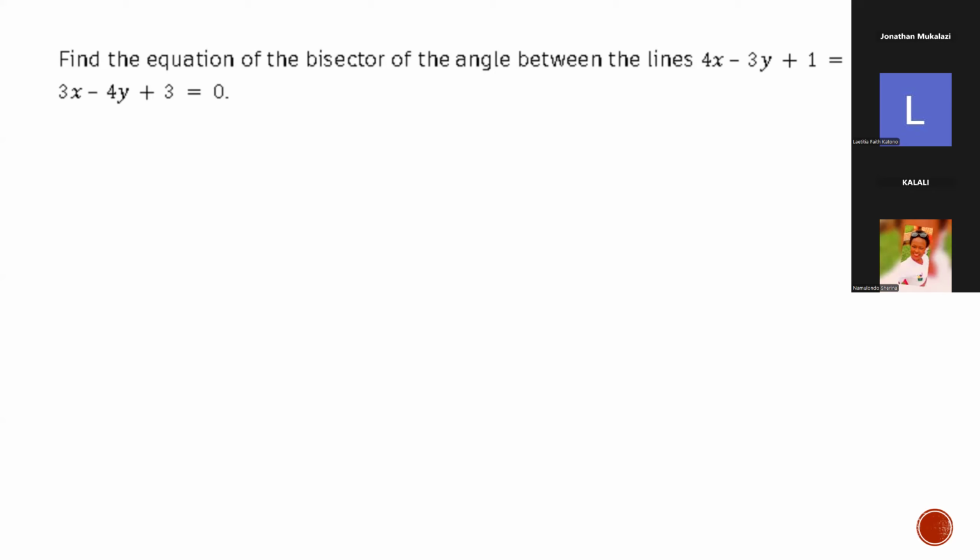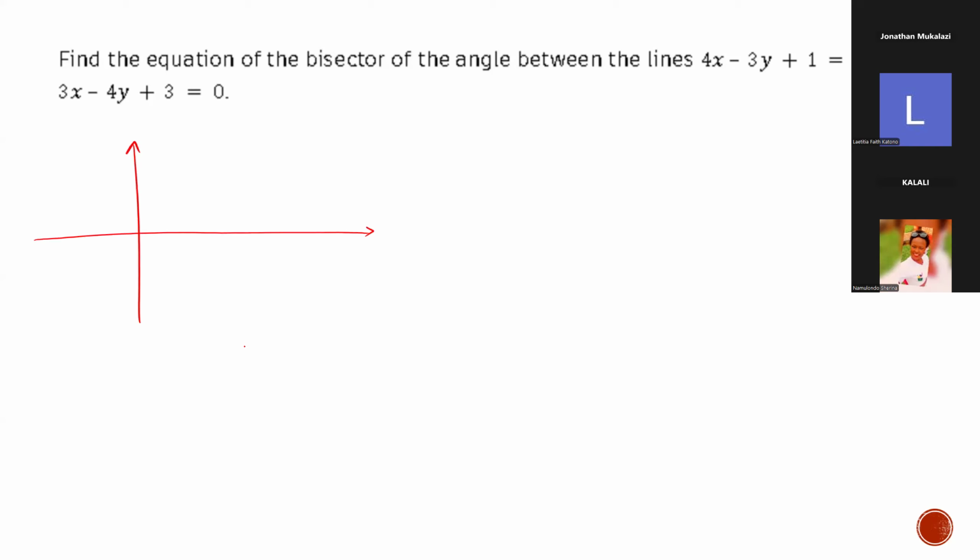And we've been asked to find the equation of the angle bisector of these two lines. Now, there are various ways to do any math question, right? But we always want to look for a way that doesn't make you work too hard. So you could sketch the lines so that you have an idea of what we're looking at.